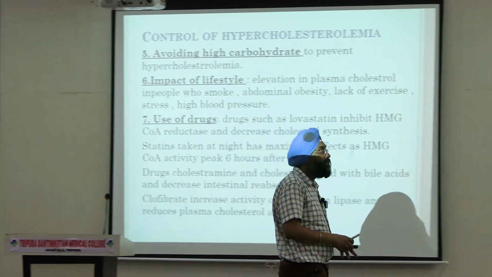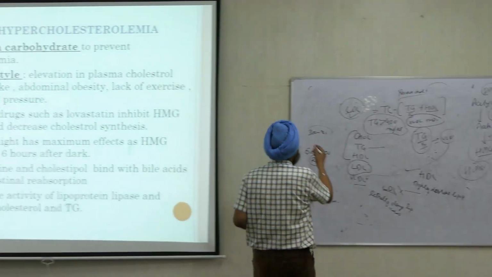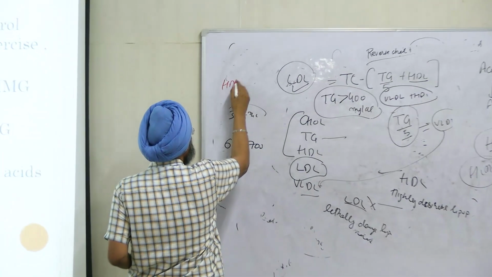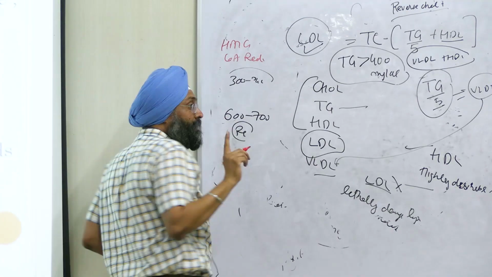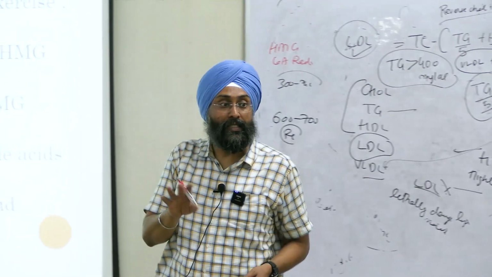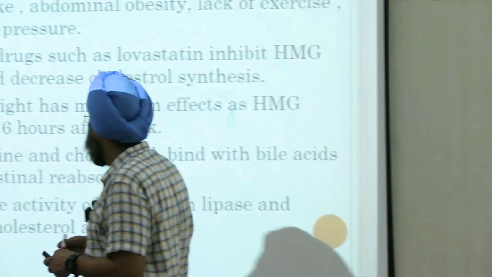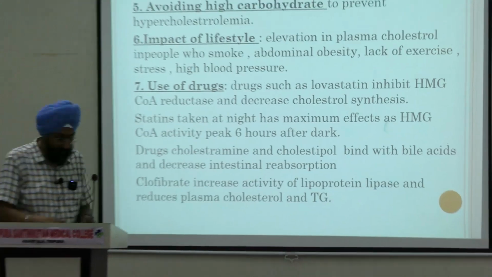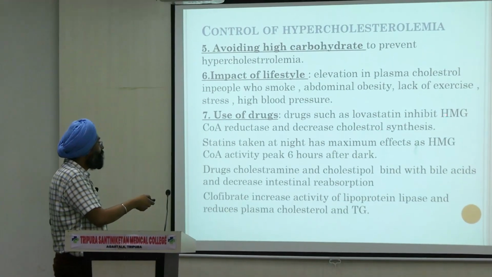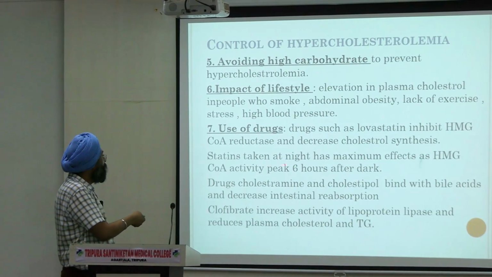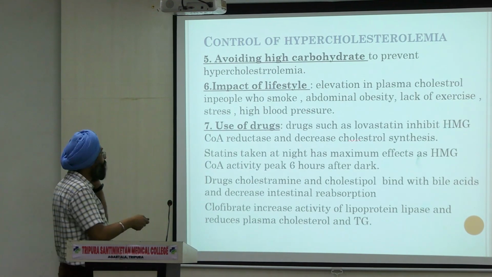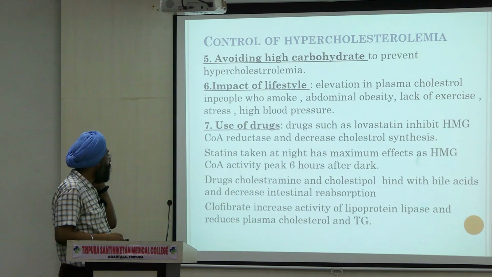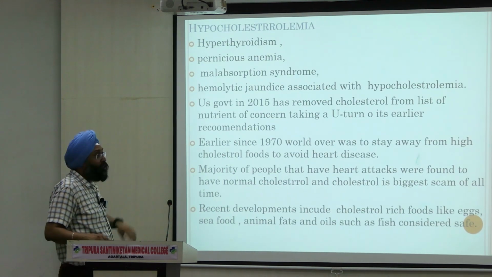At the first enzyme, HMG CoA reductase. We discussed the mechanism in the previous class, right? So they act there and decrease cholesterol synthesis. Statins should be taken at night. At that time, the activity is high, right?